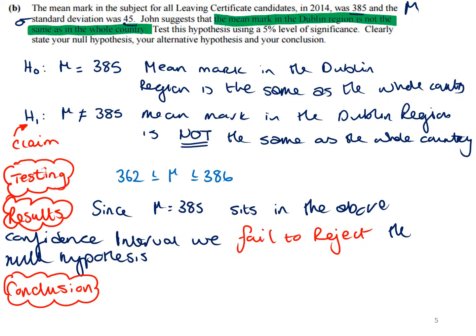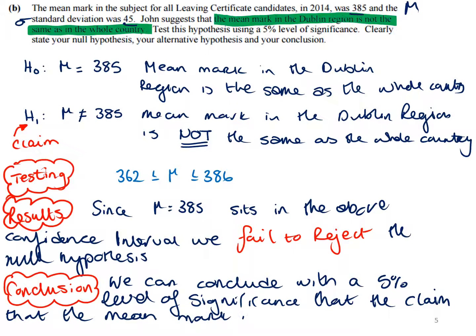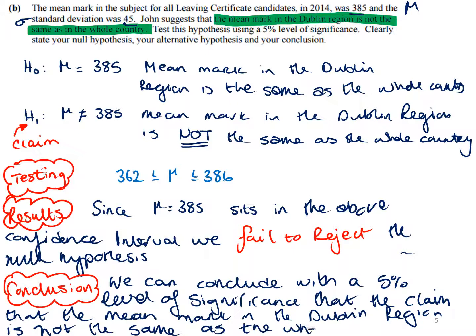What we would say is: we can conclude with 95% confidence, or a 5% level of significance, that the claim that the mean mark in the Dublin region is not the same as the whole country is, and I'll do this in red as well, incorrect.